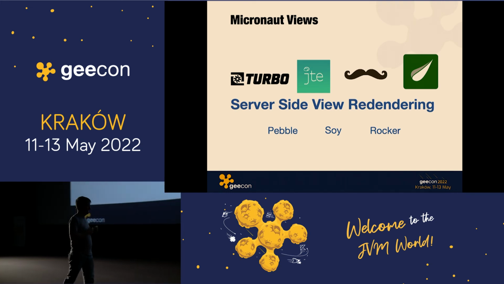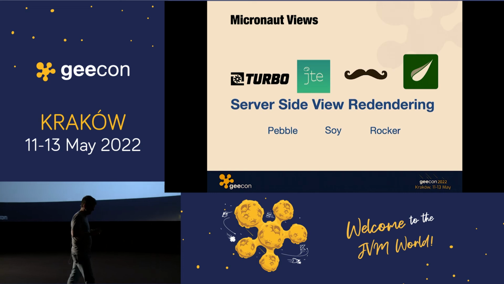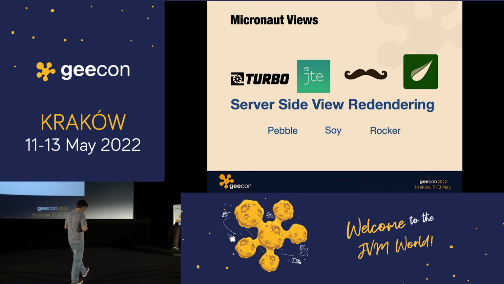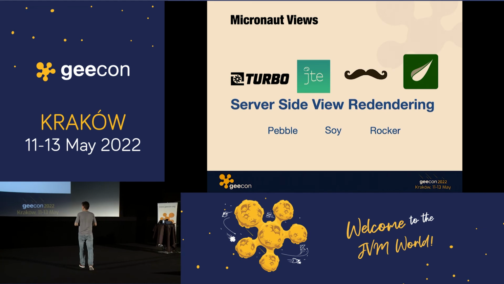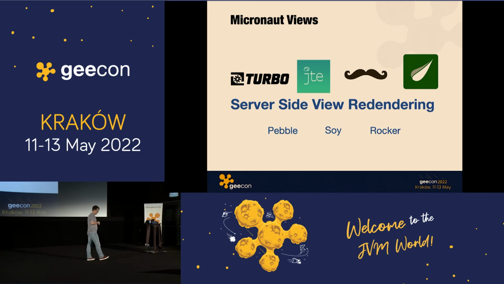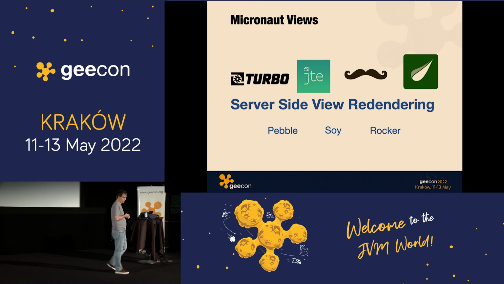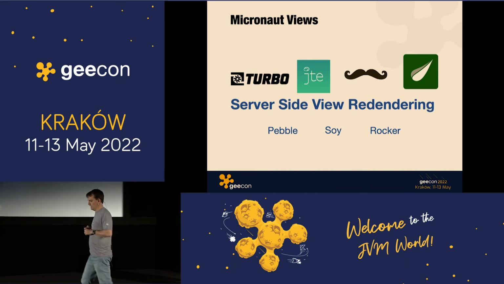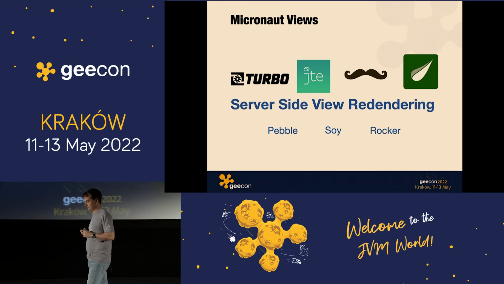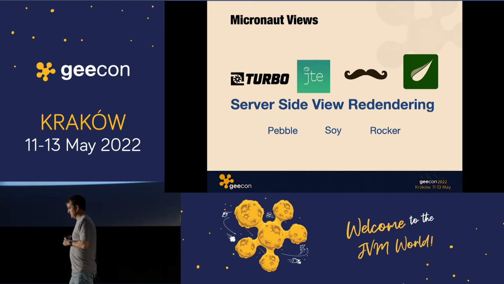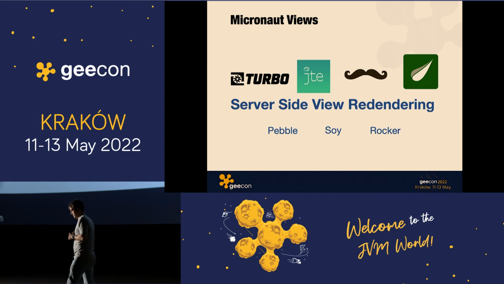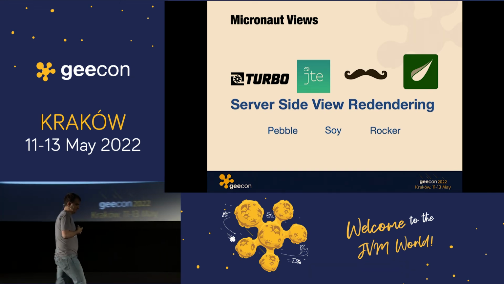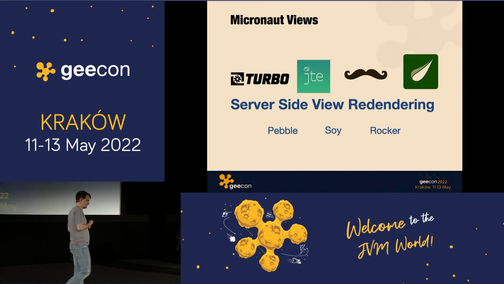We have integration with Jte, Thymeleaf, Handlebars, Pebble, Rocker, which is the one we use, for example, in Micronaut Launch, Soy, and in Micronaut 3.5, we are going to debut integration with Turbo, which is a component from Hotwire, which will allow you to essentially create server backends in HTML with the same speeds that you would typically gain with a single-page application using front-end JavaScript frameworks.